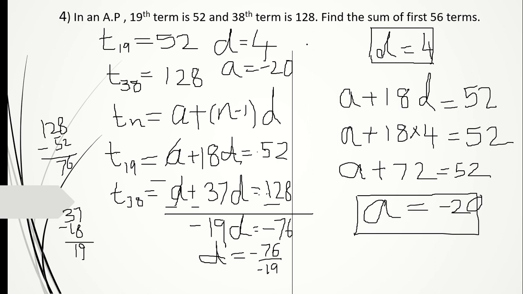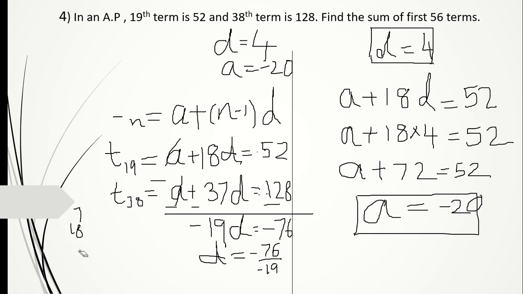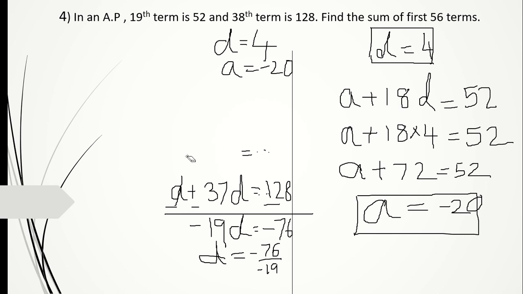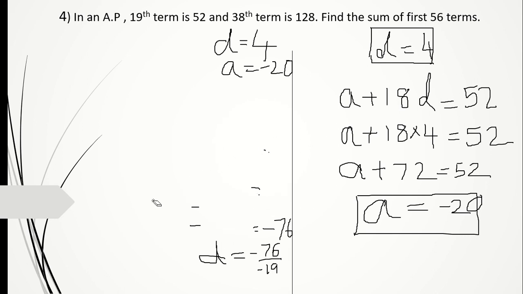And I also know what is N now to be used in the Sn formula. N is 56, right? I'll erase this whole thing off. Now I know D, I know A, I know N also. N is 56. So I have to find S of 56 now, right? I have to find S of 56.